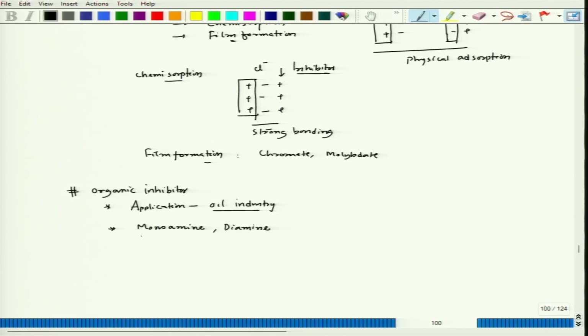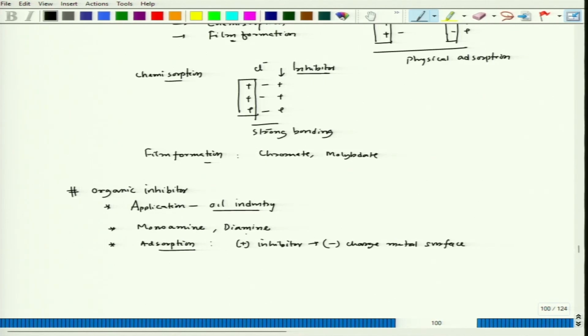So, how do they work? Again, adsorption works here. A cathodic type of inhibitor means a positively charged inhibitor, and it gets attracted to the negatively charged metal surface.